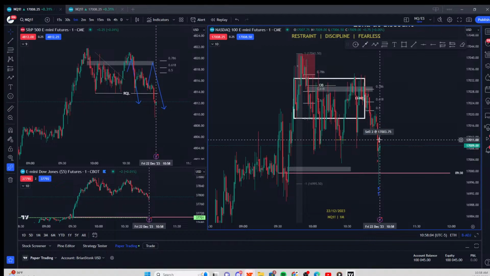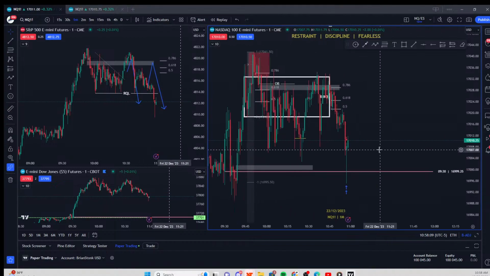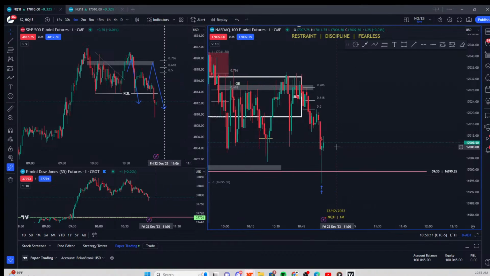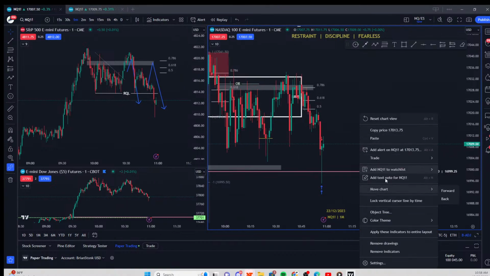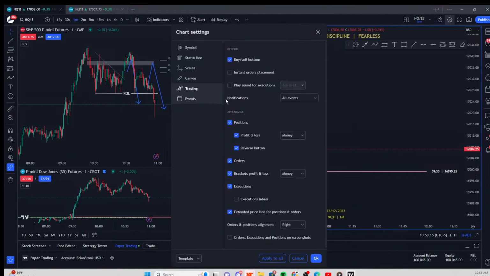How do I get rid of these arrows though? These arrows are kind of annoying. Something like here, place sound for executions. Okay.